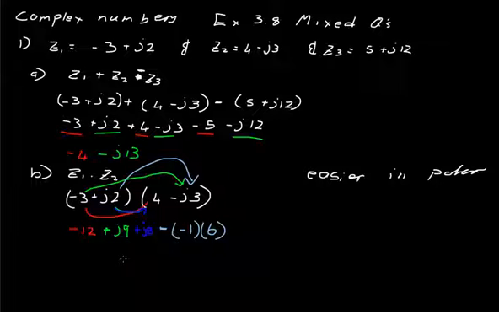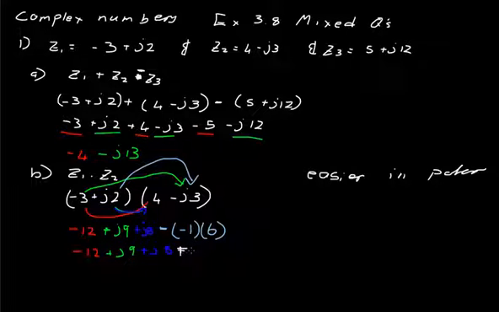Let's simplify that a little bit. So we've got minus 12 plus j9 plus j8 plus 6.